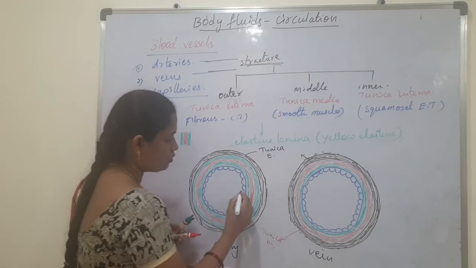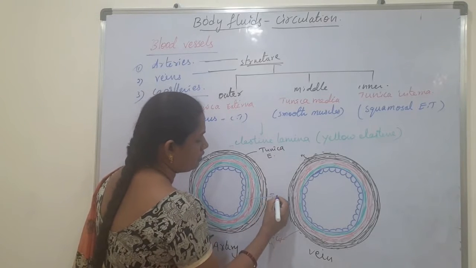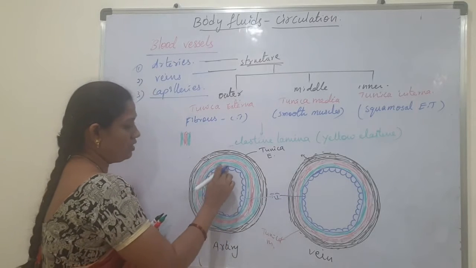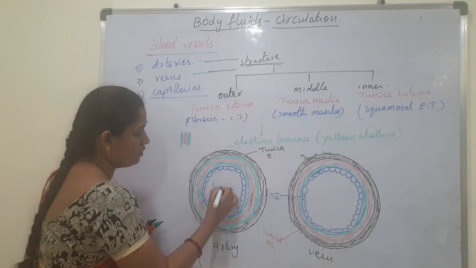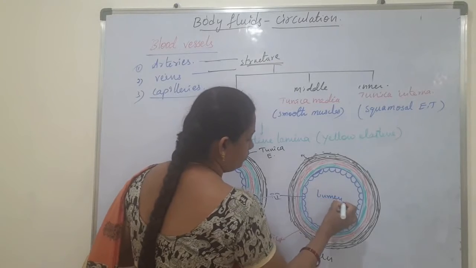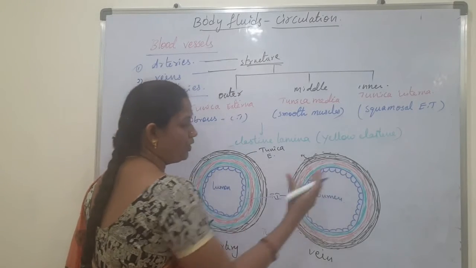Next, the last one is the inner tunica interna. It's made up of only one single layer of cells, squamous epithelial tissue. Next, the middle one is the lumen. The cavity is called lumen. In arteries the lumen is smaller, in veins the lumen is bigger.